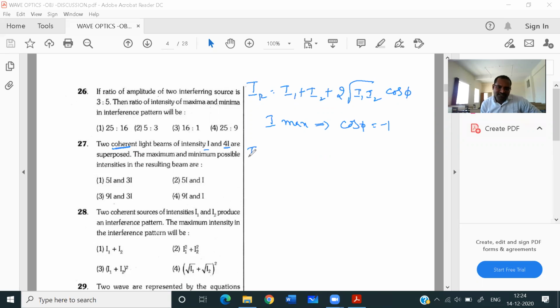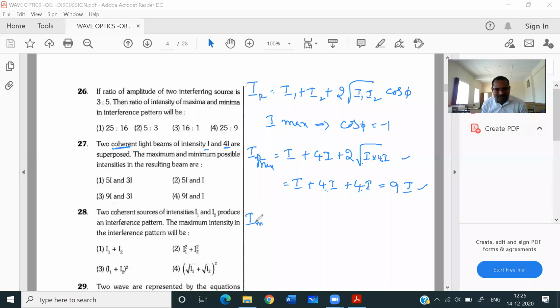So the resultant intensity will be I plus 4I plus 2 times root of I into 4I. Root 4 is 2, 2 twos are 4, into I. So 4I plus 4I is 8I, plus I, 9I. This is the maximum intensity.